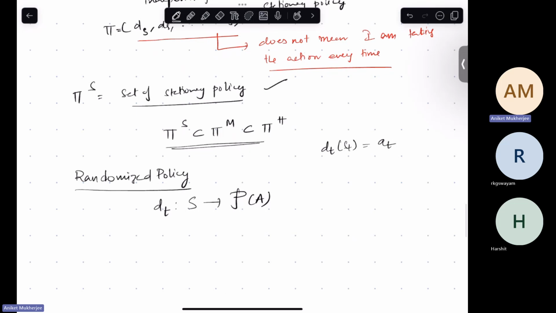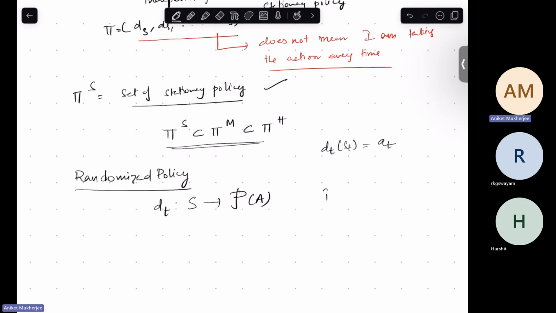Basically what this means is, suppose you have two states, one, two, and two actions, A and B. I've thought of introducing this example later, but I'll do it now.